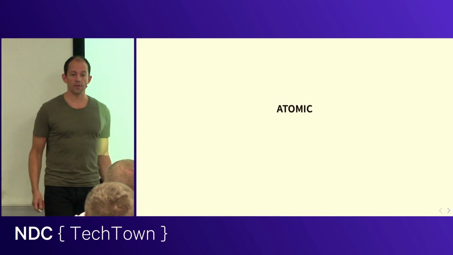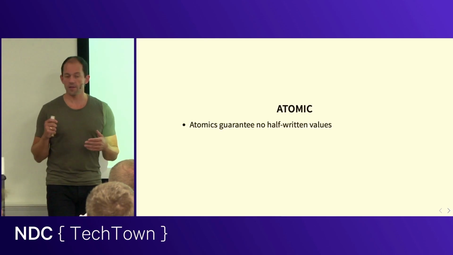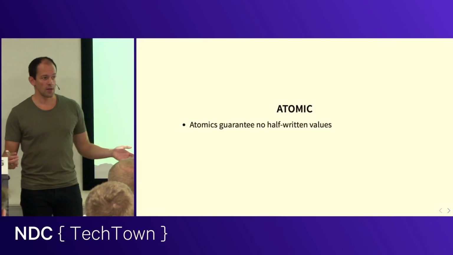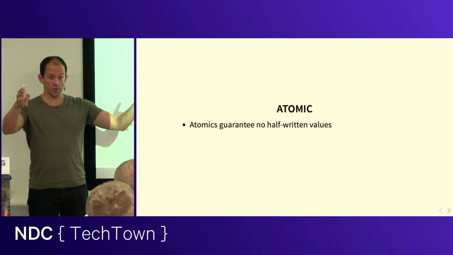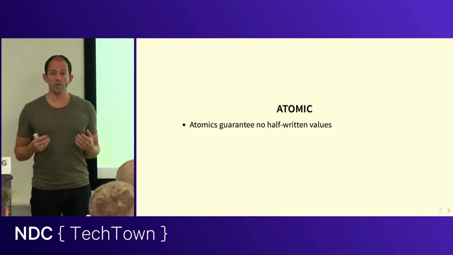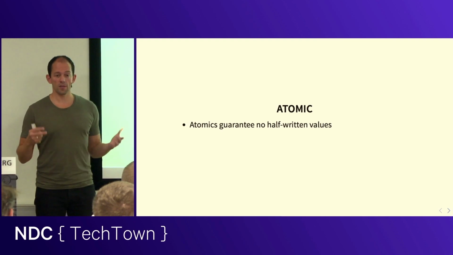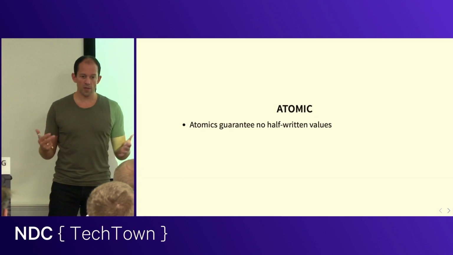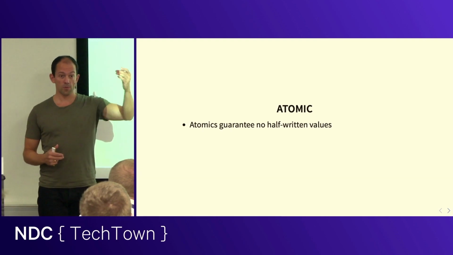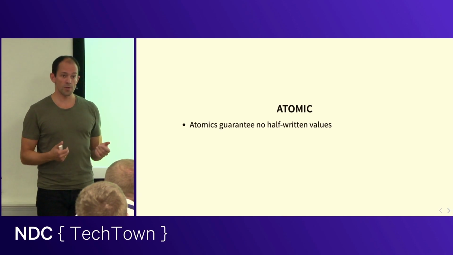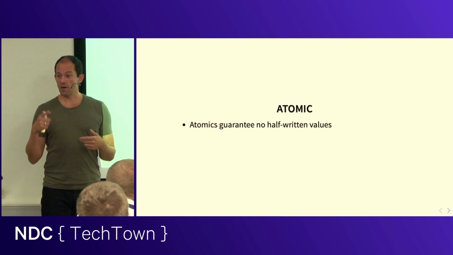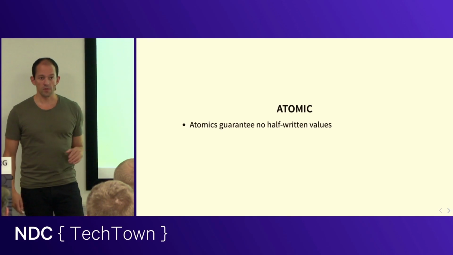The minimum thing that atomic gives you is that it guarantees no half-written values. So if I write a 64-bit word, I'm sure that no other thread can observe half of that write. If it's not atomic, it could be that, on my architecture, I have to write 32 bits first, and then I write the other 32 bits, and in the meantime, someone reads the half-written thing. But if it's atomic, there are no half-written values.